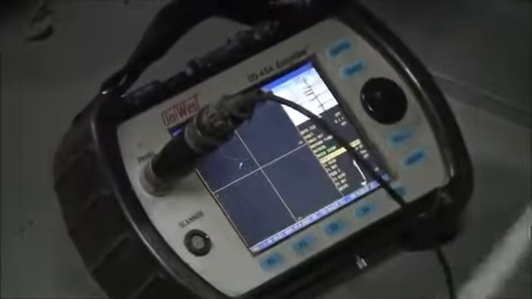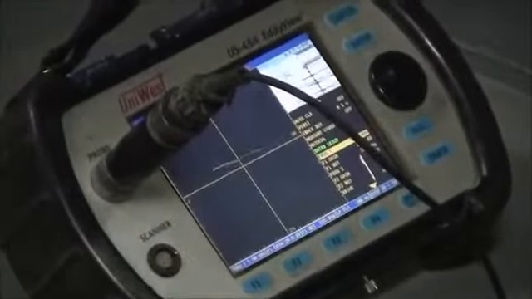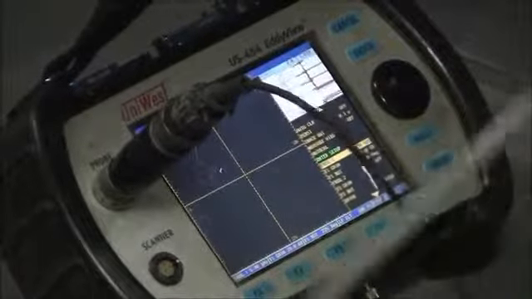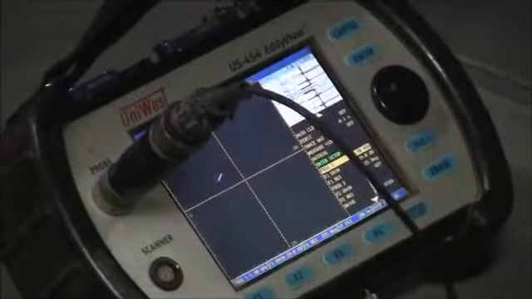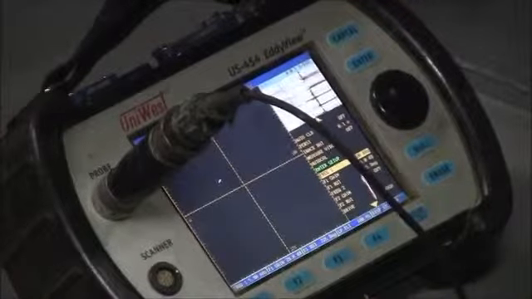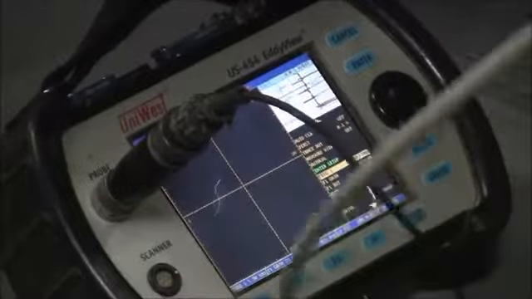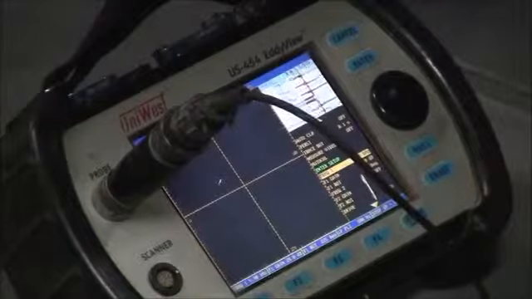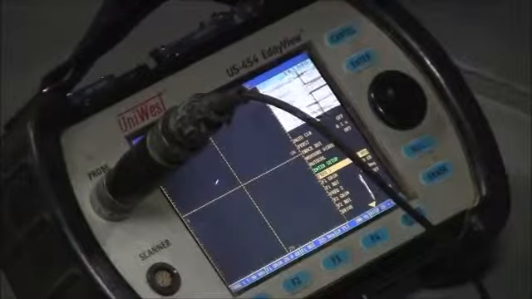Here is your machine, and it is recording, measuring the wall thickness and what's going on with the tube, so he can determine if there's a thinning situation going on, or some type of wear going on at the tube supports.